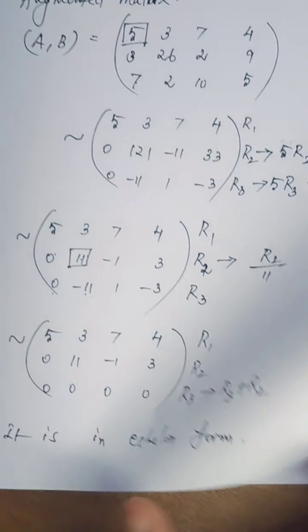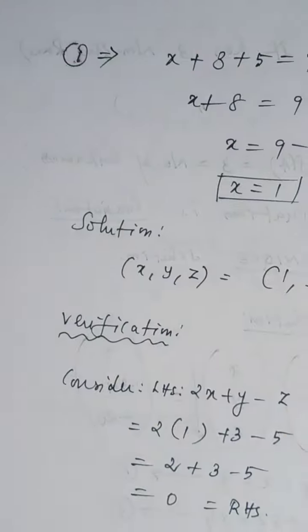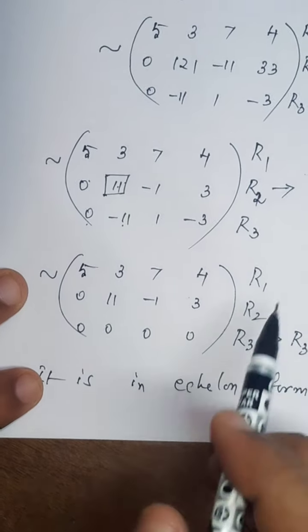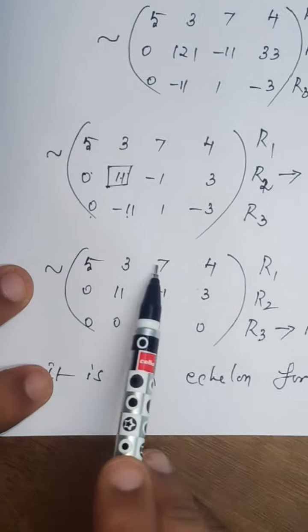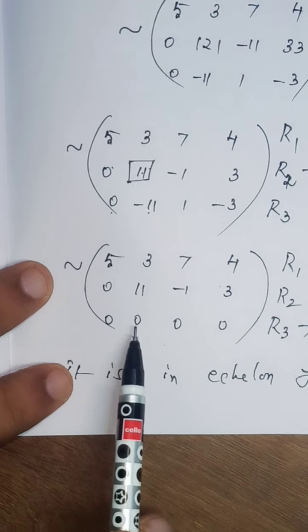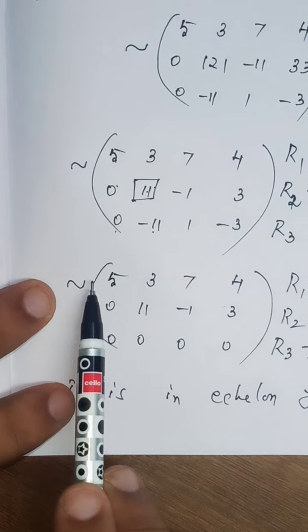Now you have to find the rank of AB as well as the rank of A. How to find the rank of AB? The entire matrix is the AB matrix, correct? How many non-zero rows can we count? This is one non-zero row. It is also a non-zero row. Look here, each and every element is 0 in the last row, so this is a zero row. We have to count only non-zero rows.